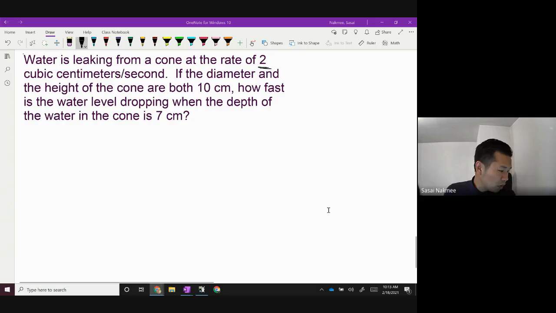I don't know what else we need. Oh, and then they tell us that water is leaking at a rate of 2 cubic centimeters per second. That's a rate. That's a d-something dt. You guys tell me what that d-something is, and it's equal to it leaking at 2 cubic centimeters per second.